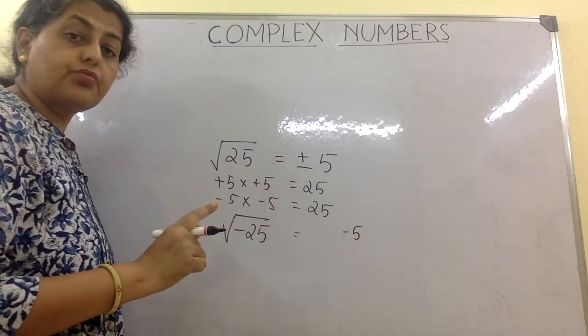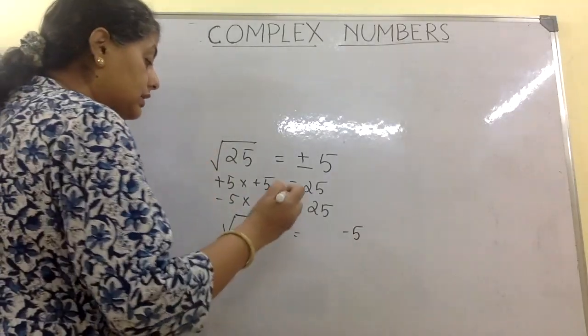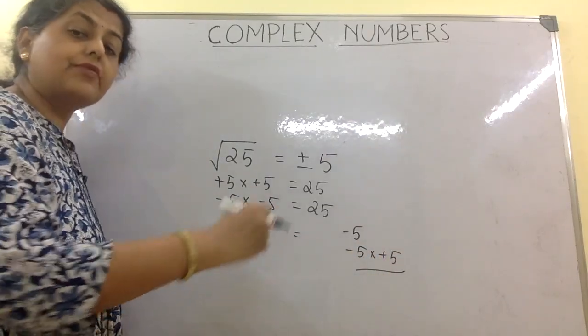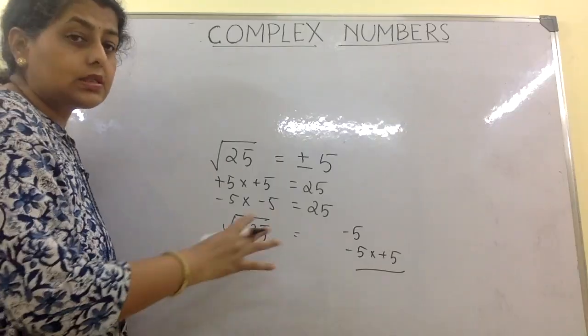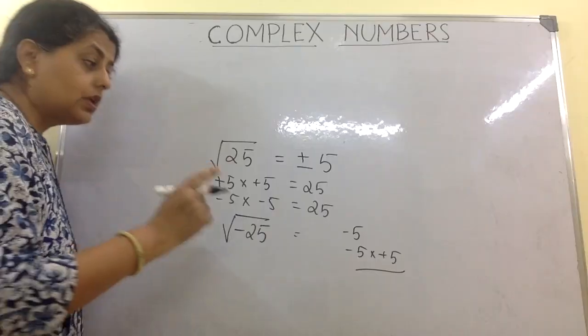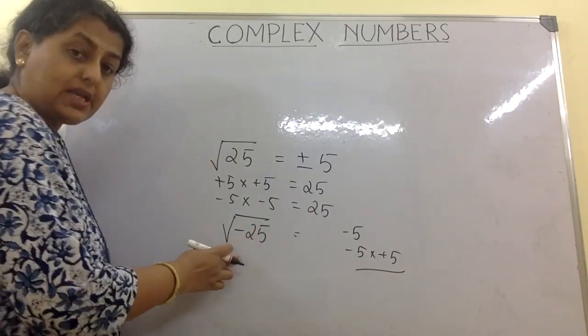Plus 5 also doesn't work. Then you can't say one of them minus and one of them plus, then it is not the root. In a root, both have to be the same. So these are not roots of minus 25.